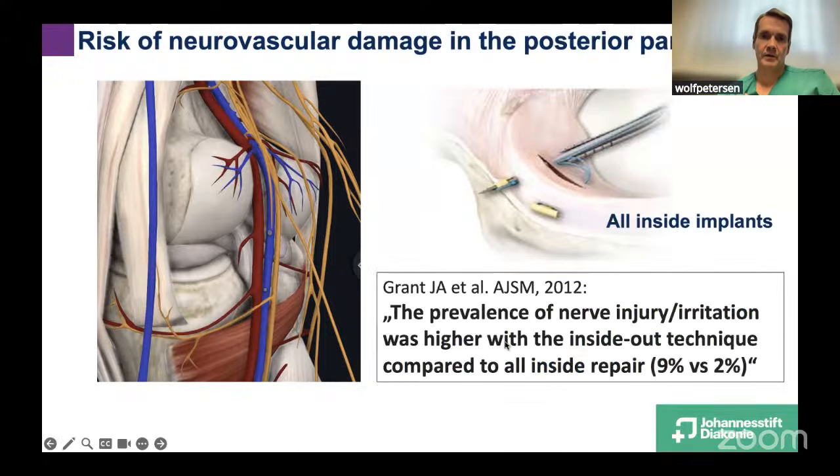And you see here in this paper of Grant and co-workers, they have shown that the prevalence of nerve injury and irritation was much higher with the inside-out technique compared to the all-inside repair.